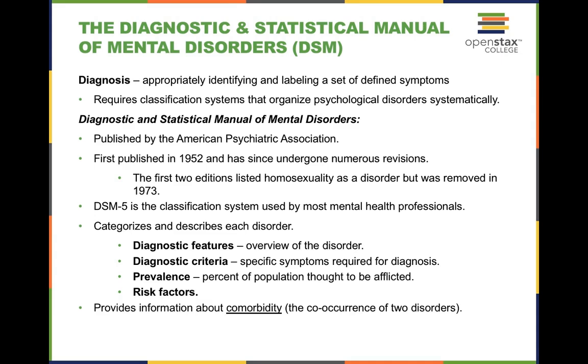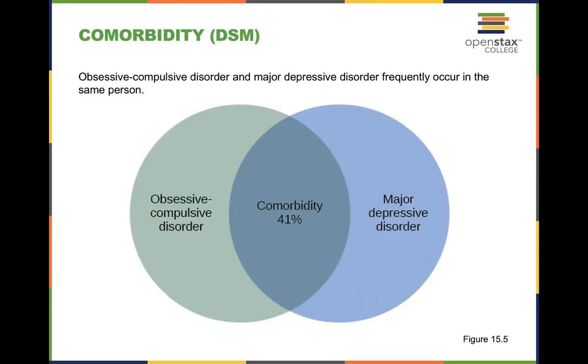Now, up at the very top, a diagnosis is important to define as well. It is the appropriate identifying and labeling of a set of defined symptoms. It requires classification systems that organize psychological disorders systematically.